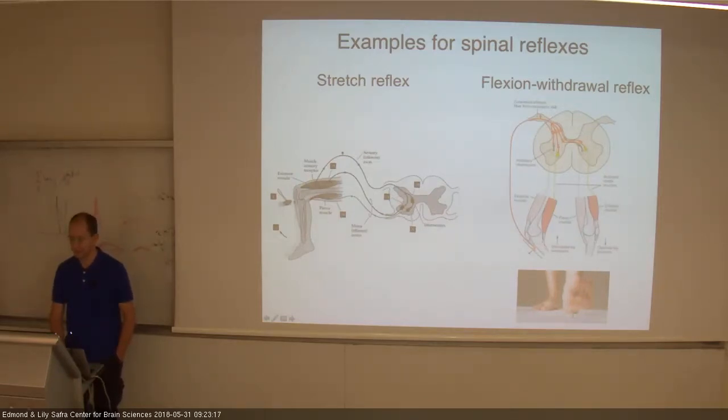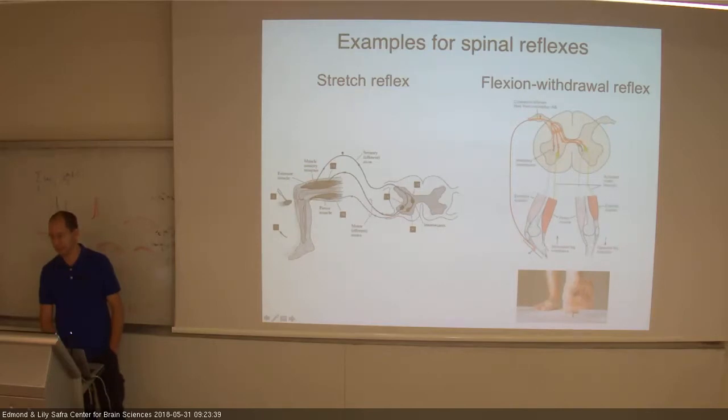So here, didn't hurt, I hope. When you use the hammer, the cause for the reflex is the sensory input in the spindle. Here I'm actually activating the nociceptors, and they're innervated in different ways.